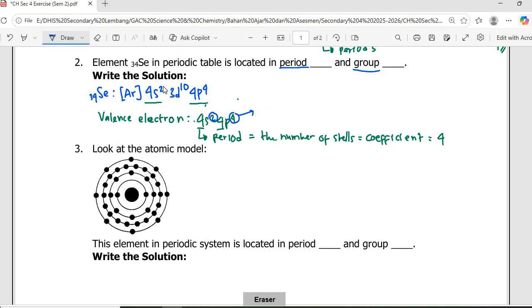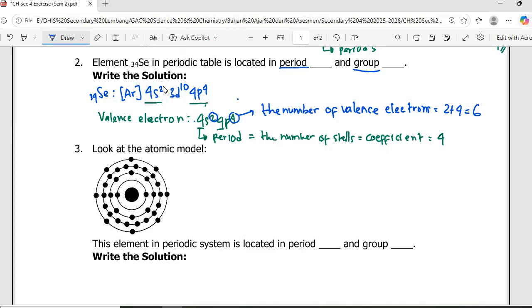The number of valence electrons is 2 added to 4, equals 6.